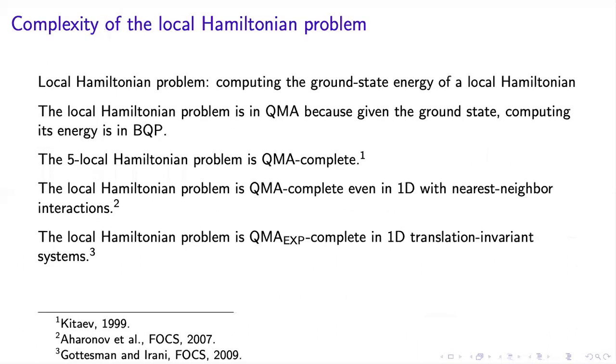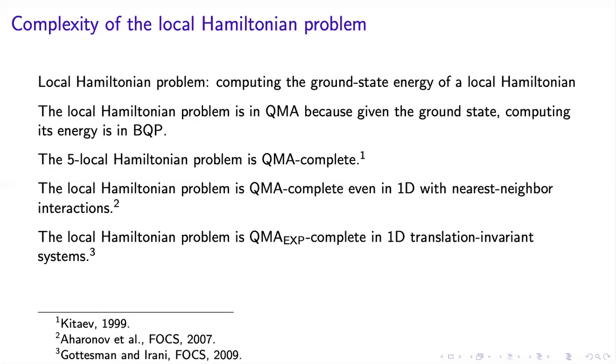Now let me review the complexity of the local Hamiltonian problem. So the local Hamiltonian problem is defined as follows. We would like to compute the physical property, and in particular, the ground state energy of the local Hamiltonian. So this problem is in QMA.